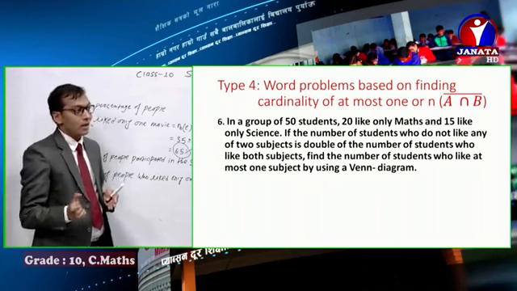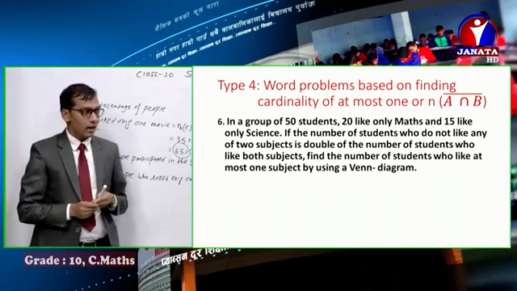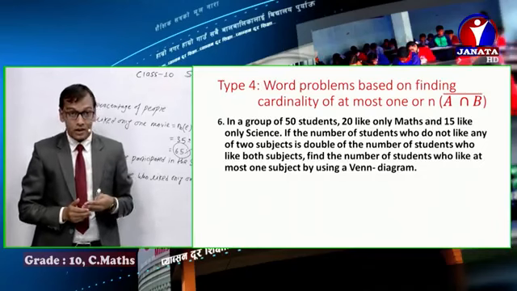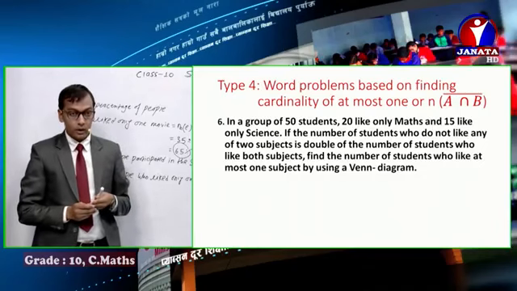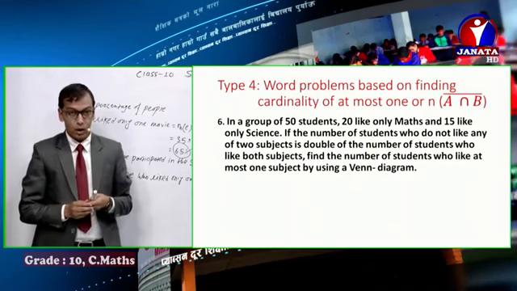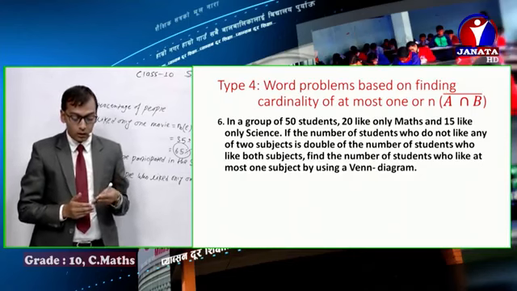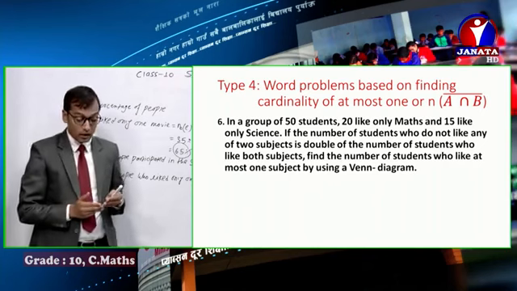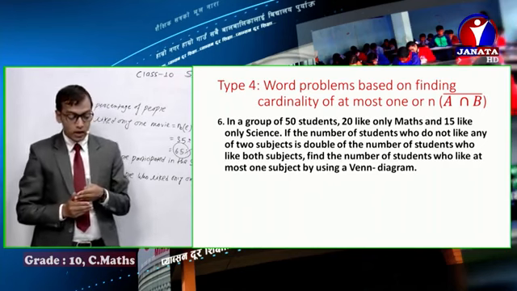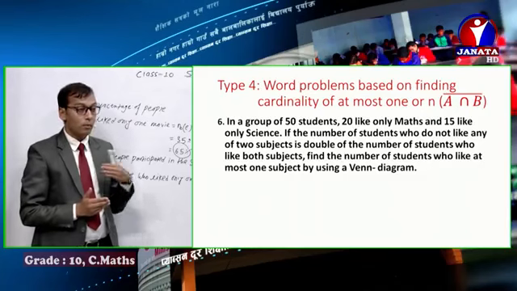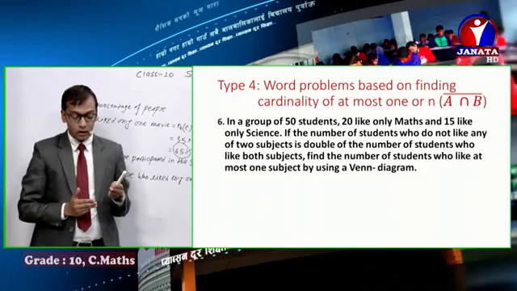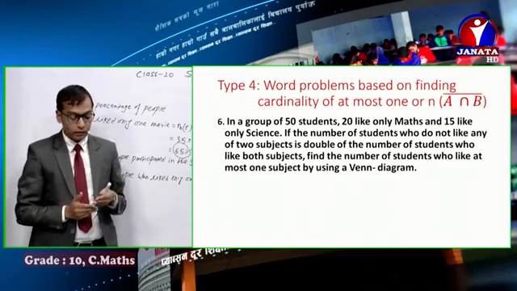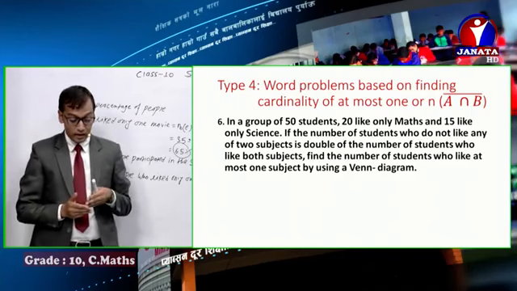This second sentence is important and we have to translate it into a mathematical expression in set notation. So n of (math union science) complement is twice n of math intersection science.